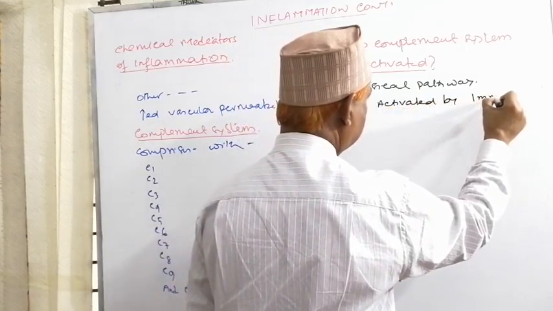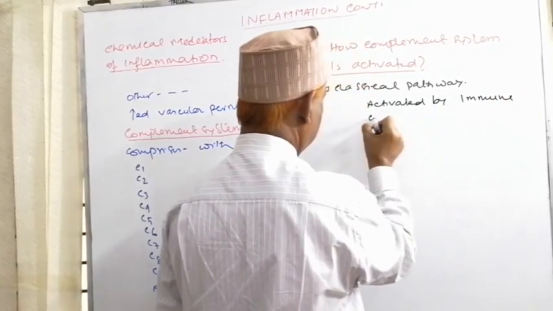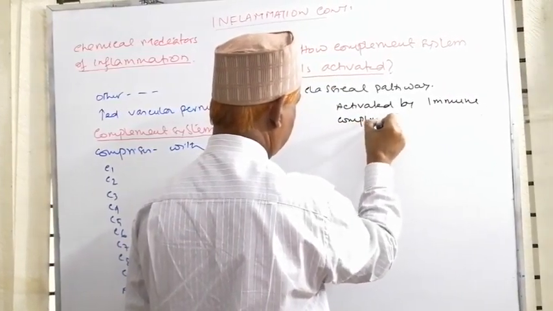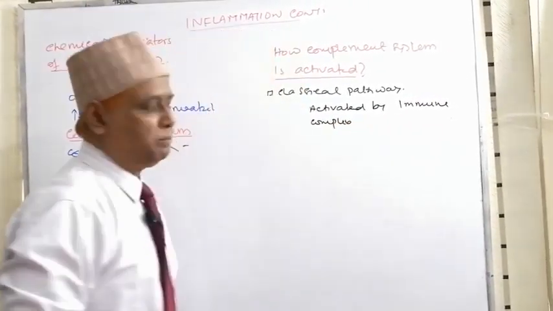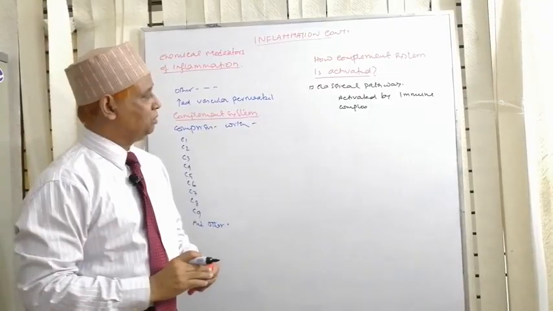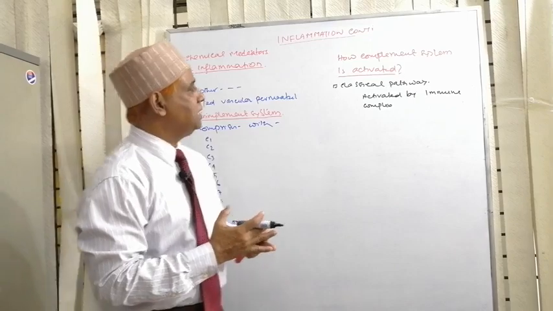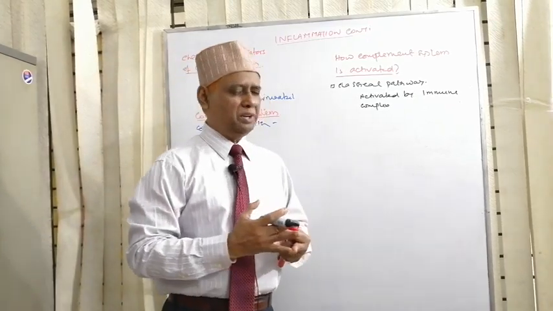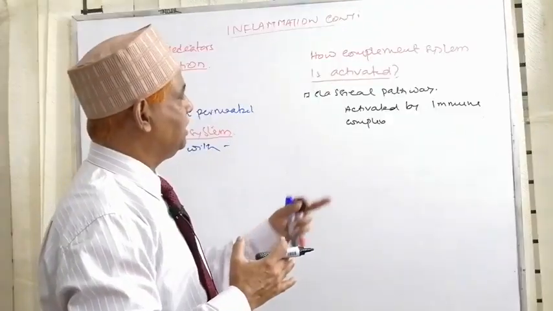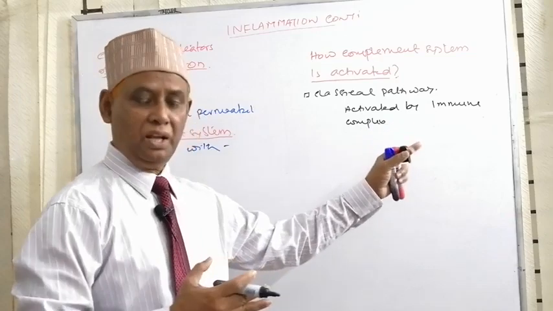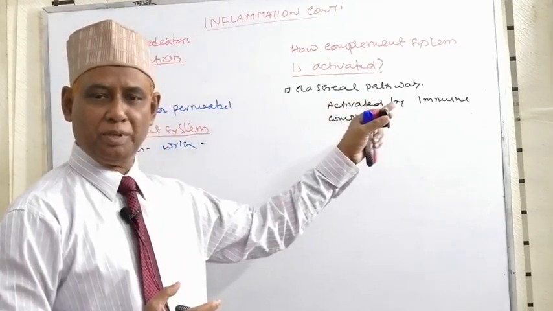Immune complex is a complex made by antigen and antibody. You know, in glomerular disease, the most important pathogenesis is an antibody dependent mechanism. In that mechanism, the immune complex is formed and there is activation of the classical pathway of complement system.